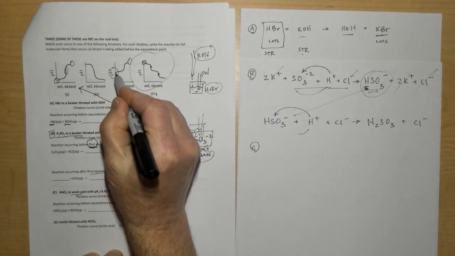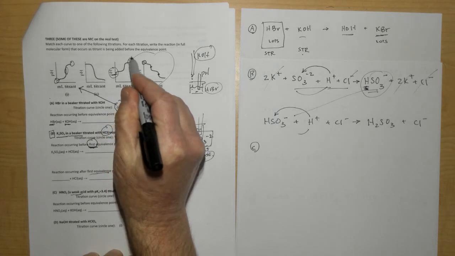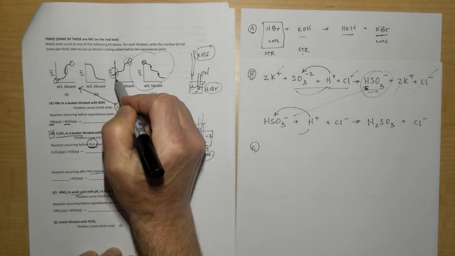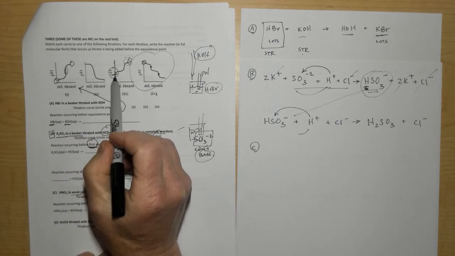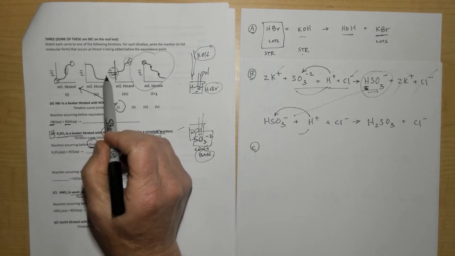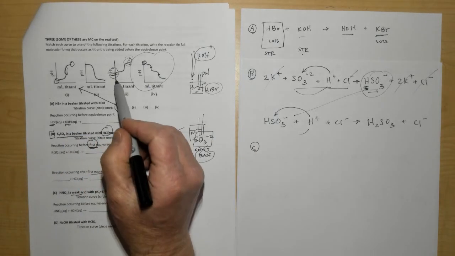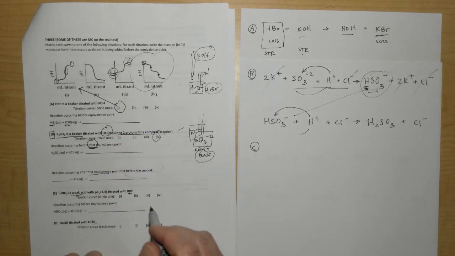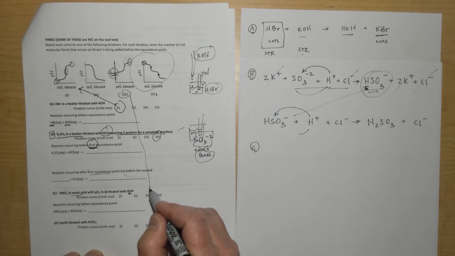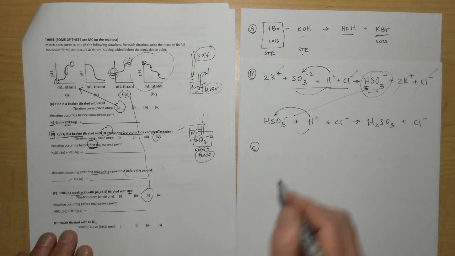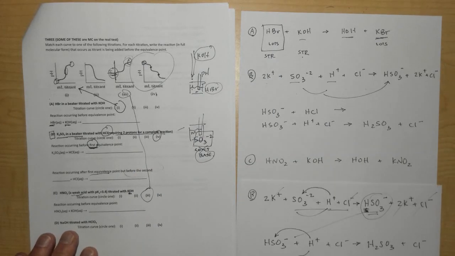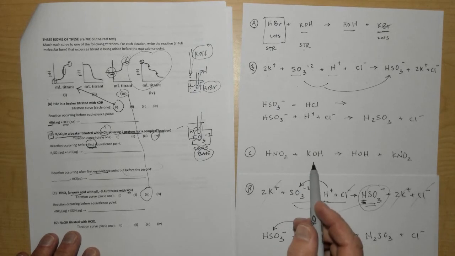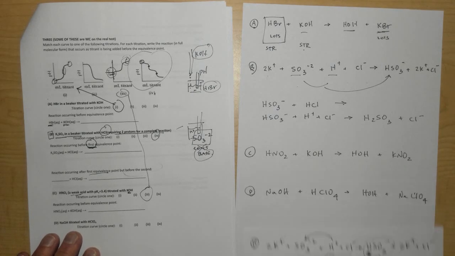So we start here at fairly high, and then we end up at like way up here. And I know the scale isn't perfect on here, because you'd guess this is like way up here, about like 6 or 7. But imagine that it's not quite to scale, and we end really high here, but we start a little higher here as well. So number 3 would be for this one. And the equation for this one would be the HNO2 reacting with the KOH to make water and KNO2.